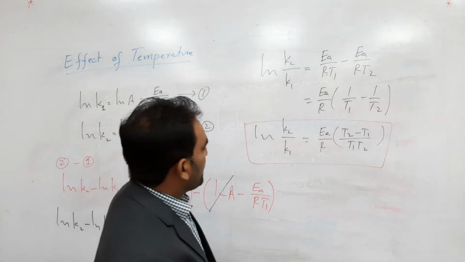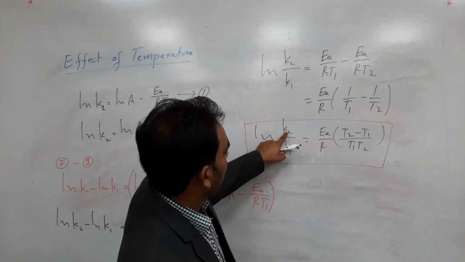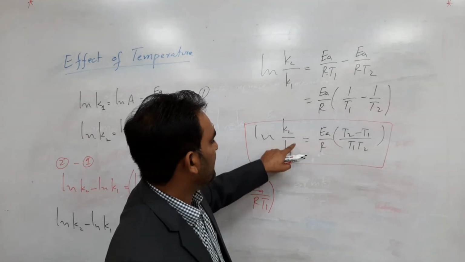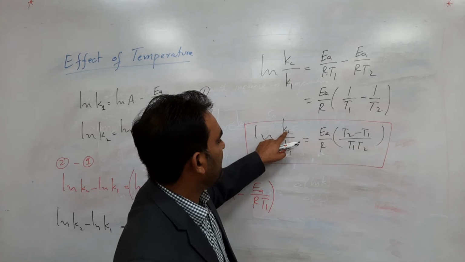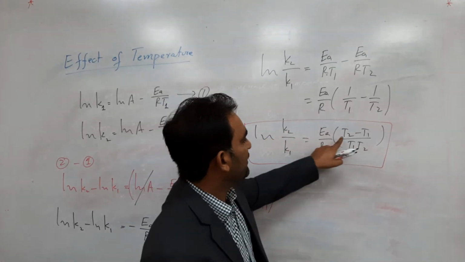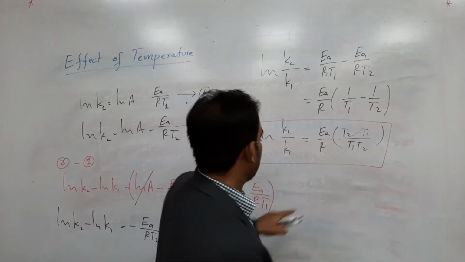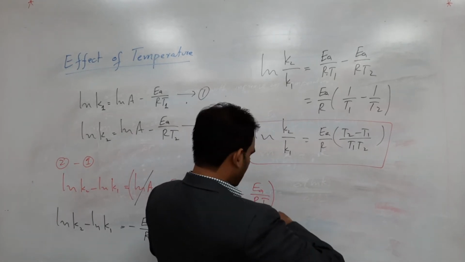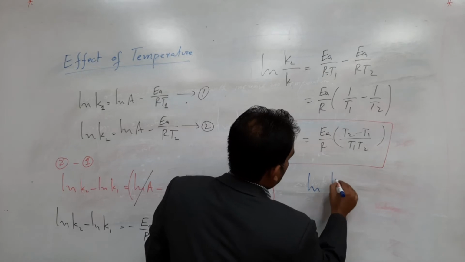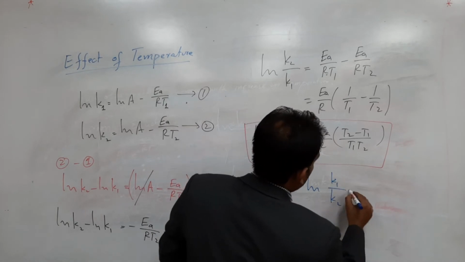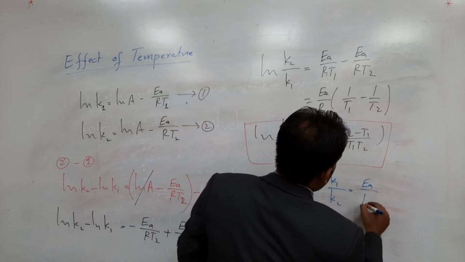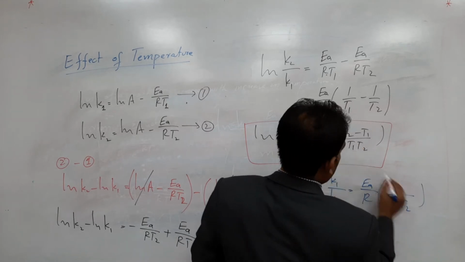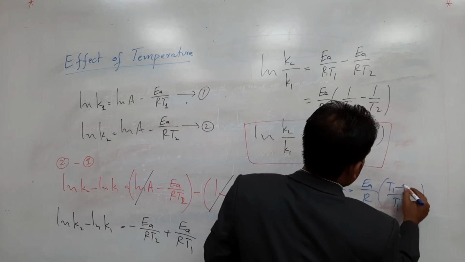Okay. In some books you will find 1 over here and 2 over here. If 2 is above this line, then 2 will be over here. This equation can also be written as natural log of K1 over K2 equals EA over R T1 T2, then we will write over here T1 minus T2.